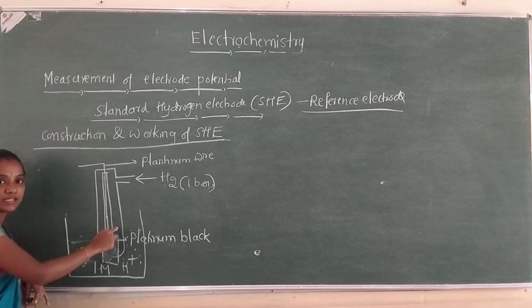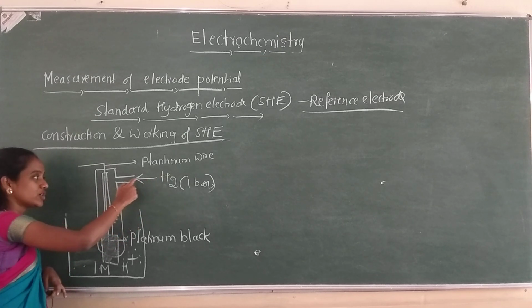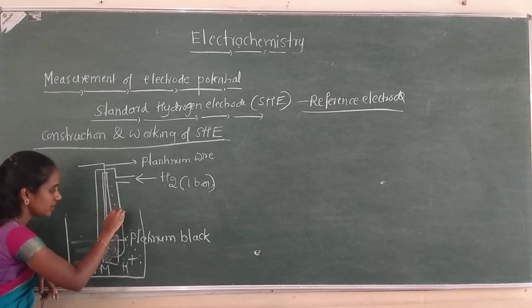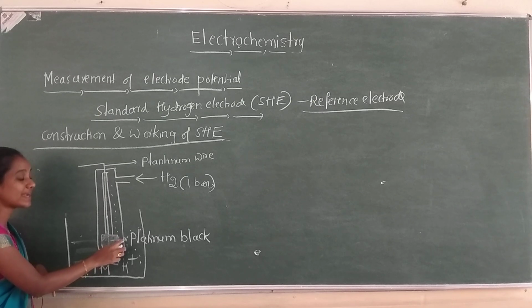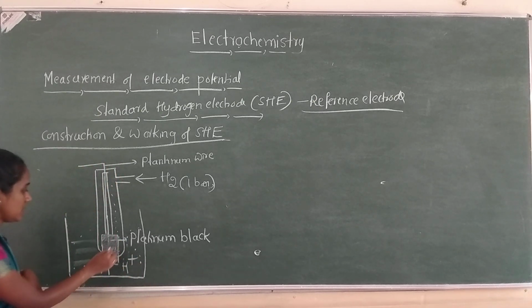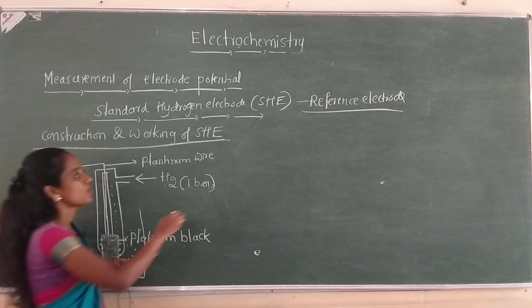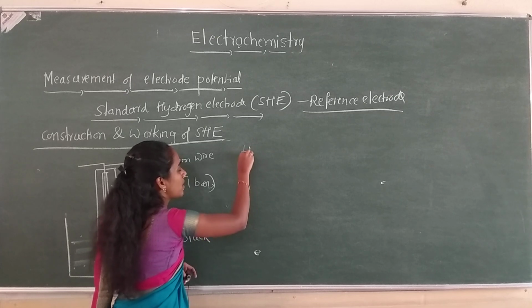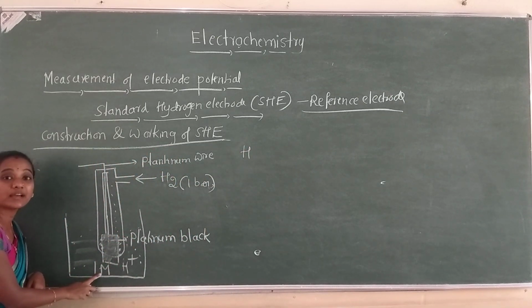Now after passing hydrogen gas, what happens here? A part of the hydrogen gas is adsorbed, attracted by the platinum black. Before that, see, I took 1 molar acidic solution.